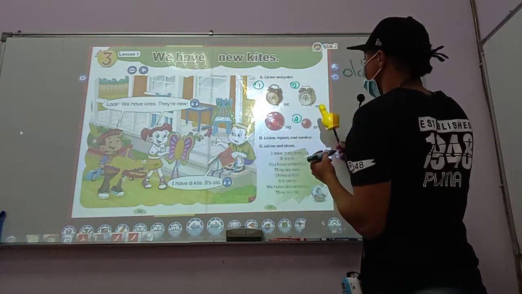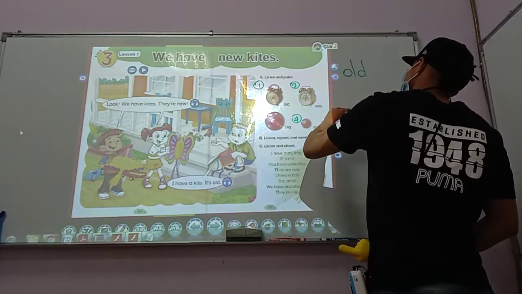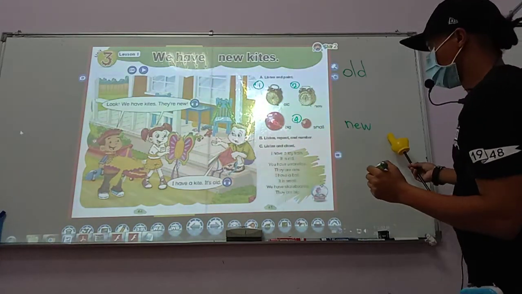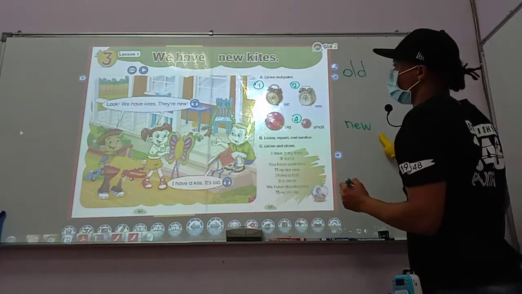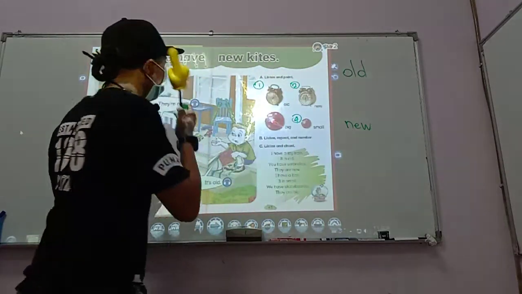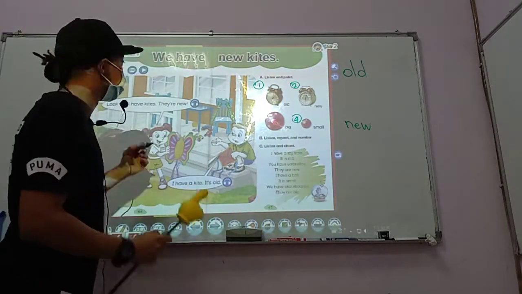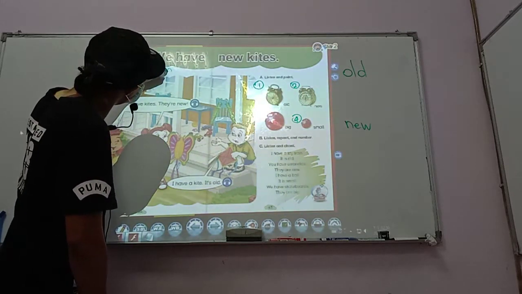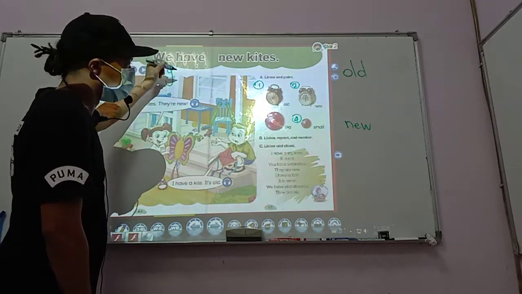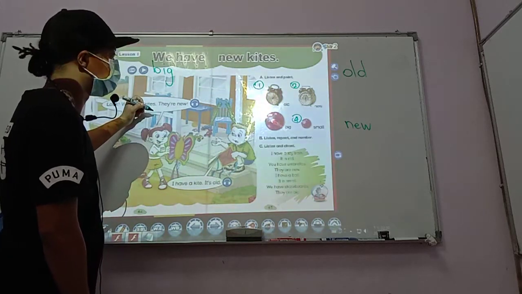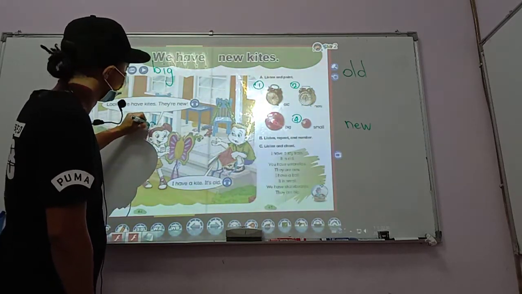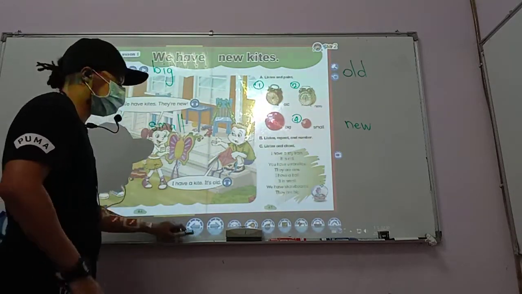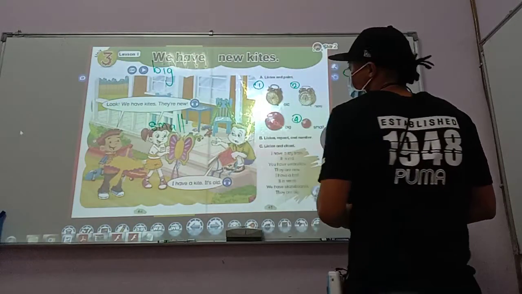Number 2 is new. Okay? Then we're going to move on over here, and I'm going to write number 3. Number 3 is big. And number 4 is small. Okay? So, let's move on.